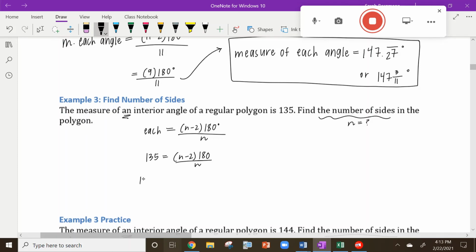First, multiply both sides by n to get n out of the denominator. Next, distribute 180. Next, we can subtract 180n on both sides.